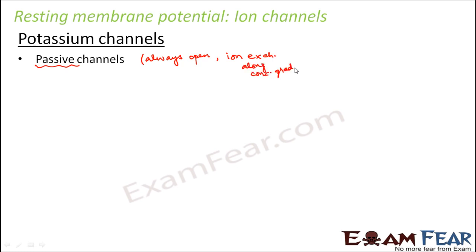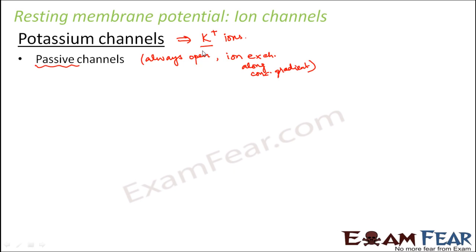That means they allow ions to move only from a region of high concentration to a region of low concentration. Since these are potassium channels, they allow the flow of potassium ions. So they are selectively permeable only to potassium ions. They allow potassium ions to pass through them from a region of high concentration towards a region of low concentration.